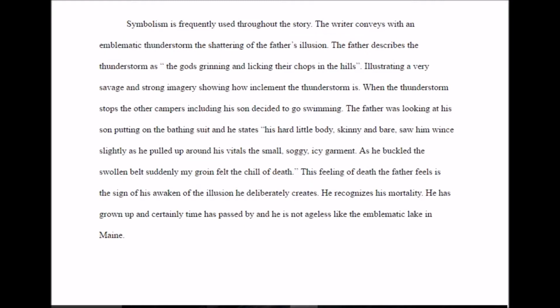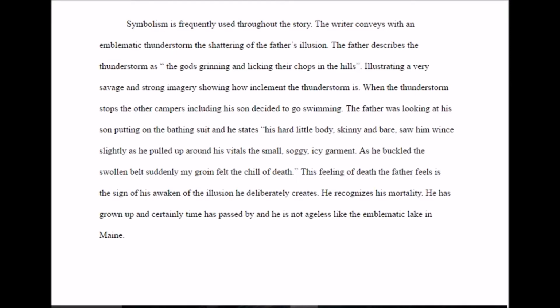When the thunderstorm stops, the other campers, including his son, decided to go swimming. The father was looking at his son, putting on the bathing suit, and he states, "his hard little body, skinny and bare, saw him wince slightly as he pulled up around his petals the small saggy-eyed garment.